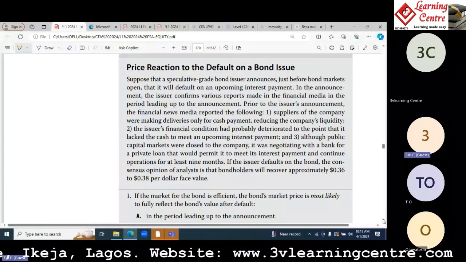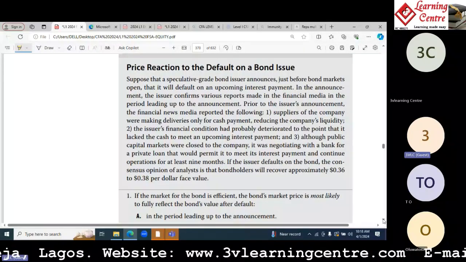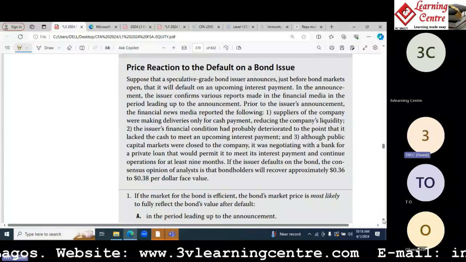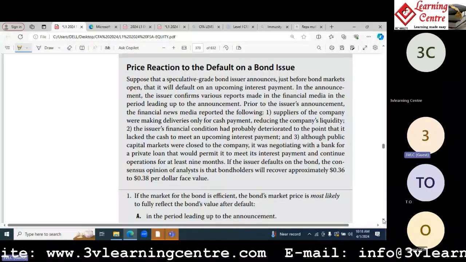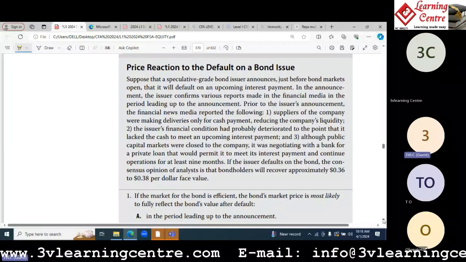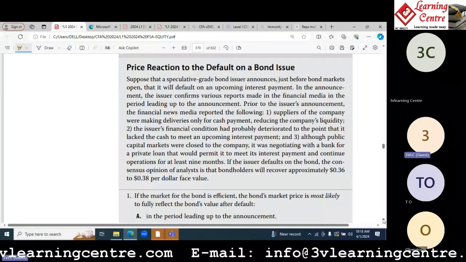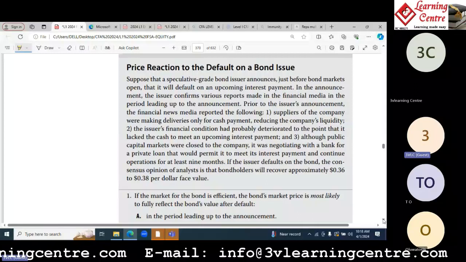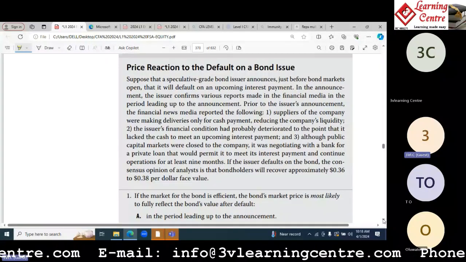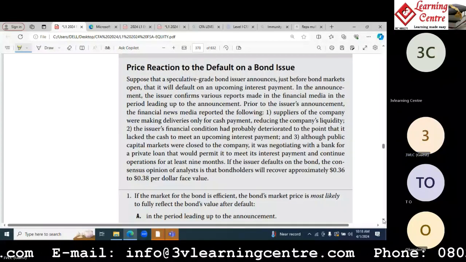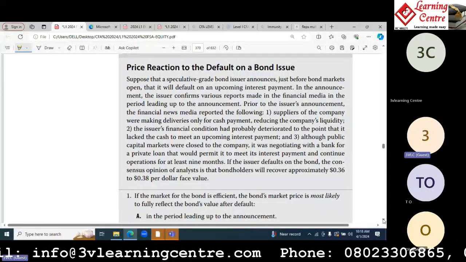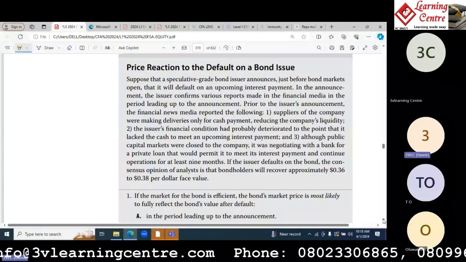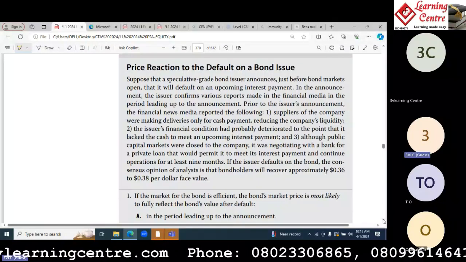So in the announcement, the issuer confirms various reports made in the financial media. You see what I said? Confirms, because it means that in this kind of situation, there have been traces that this guy is going to default, probably based on industry activities, based on financials, based on people that have already been saying this guy might default.